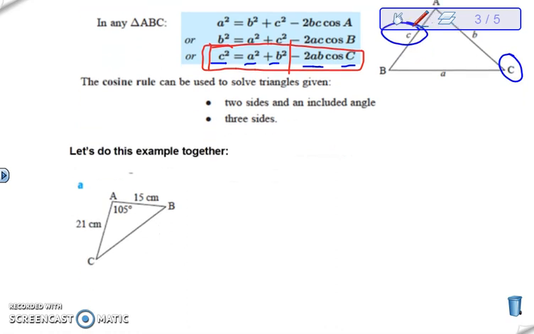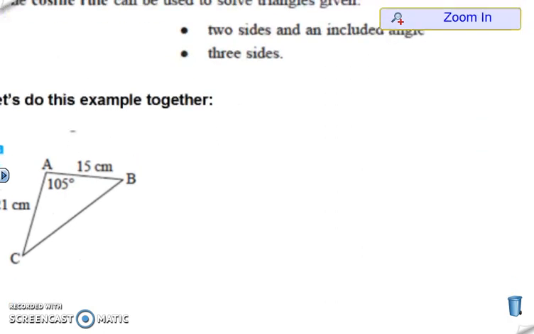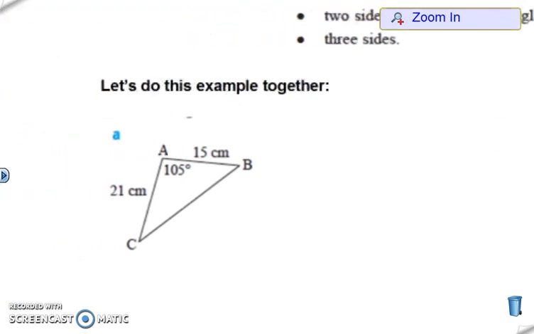We look at the triangle. We have a missing side, and we want to find that missing side. I was given an angle. If the angle is across from the side, then I plug it in like I'm plugging in a hypotenuse in the Pythagorean theorem.